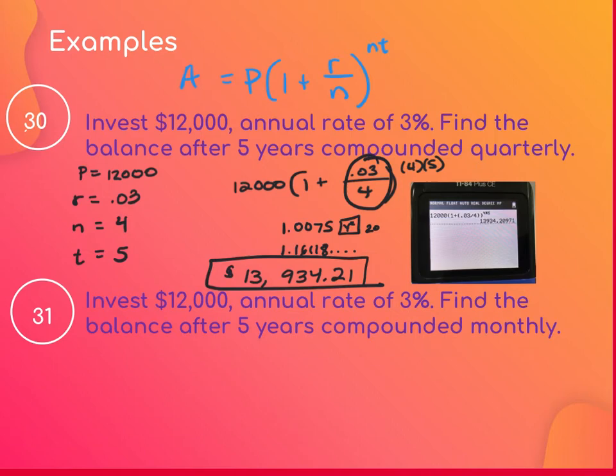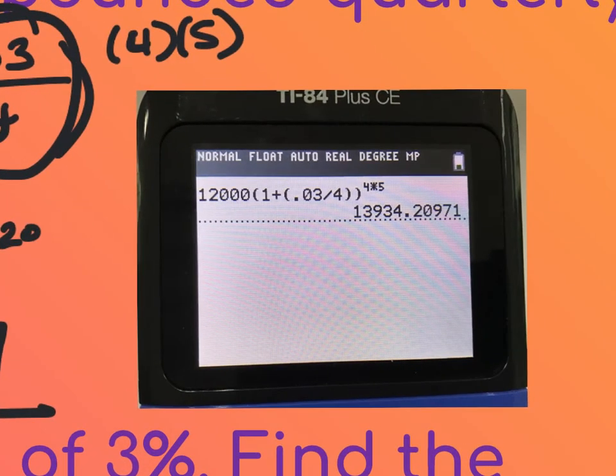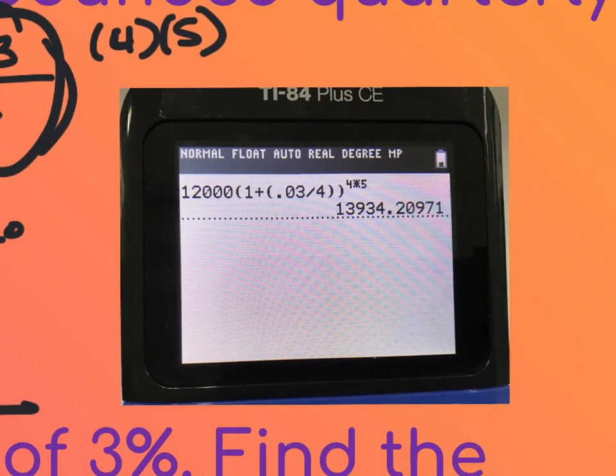On my calculator, it came out different. How do you raise something to a power on a scientific calculator? You have a y to the x or an x to the y button. How do you do it on this one? Oh, I see. So hit that, and then do 20 equals, times 12,000. How do I do it on my calculator?